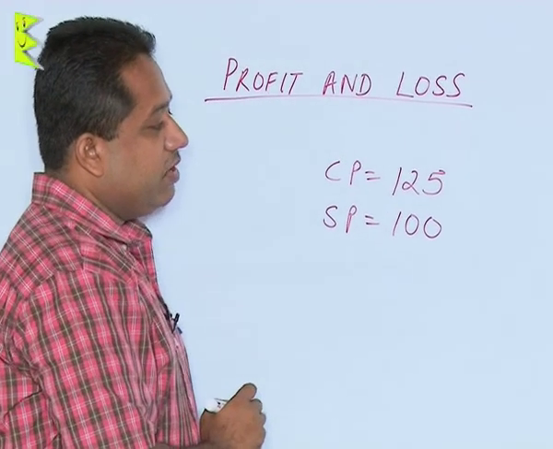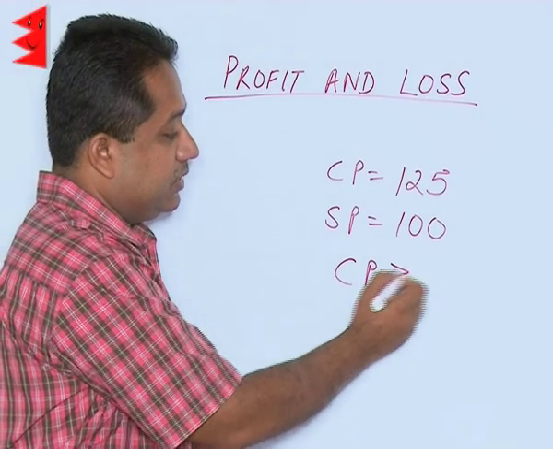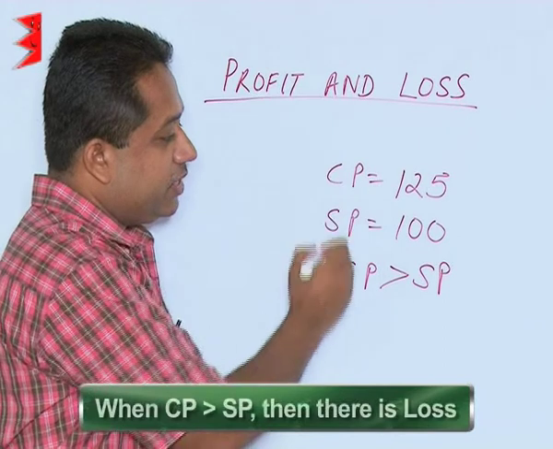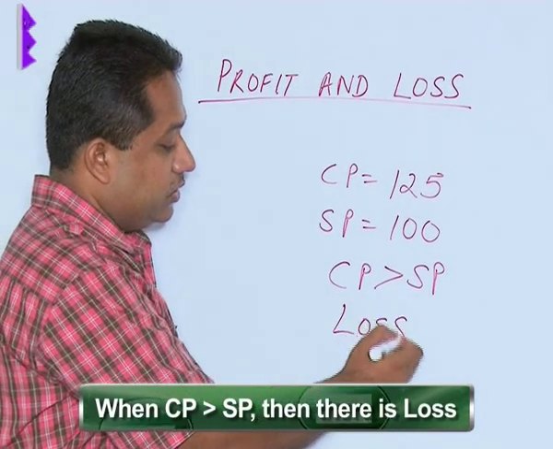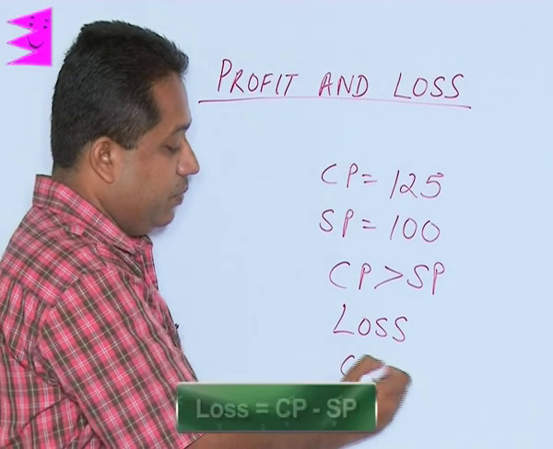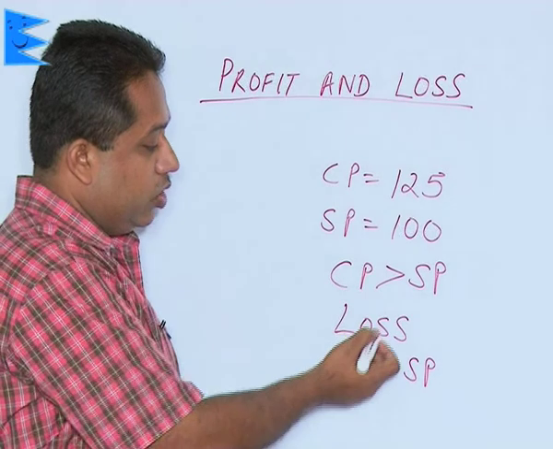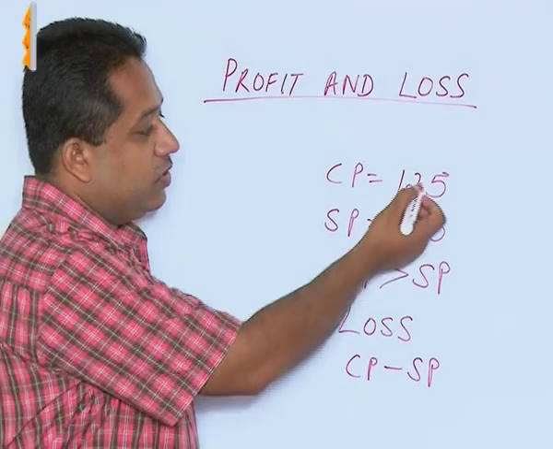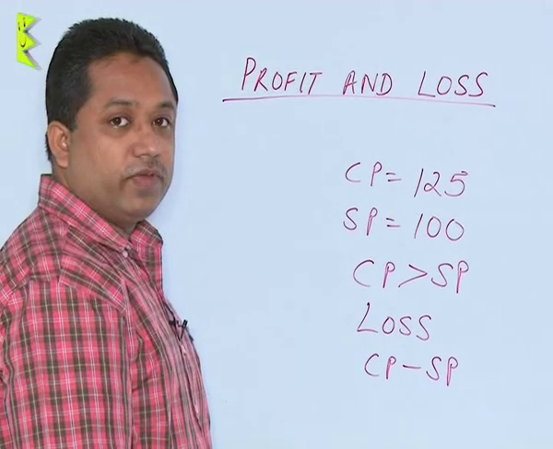Now in this case we find that the cost price is more than the selling price. Now whenever the cost price is more than the selling price, then he experiences loss, and loss is CP minus SP. So profit was SP minus CP, loss is CP minus SP. So again you will see 125 minus 100, now he is losing 25 rupees.